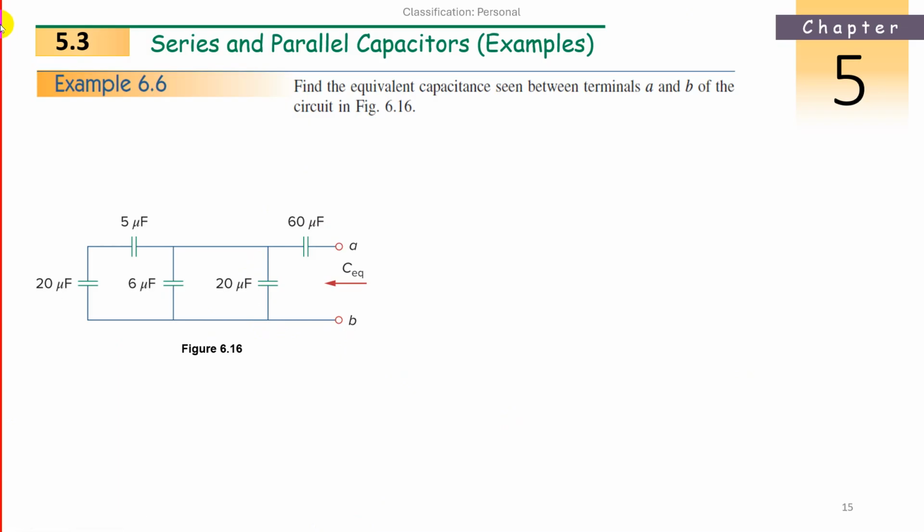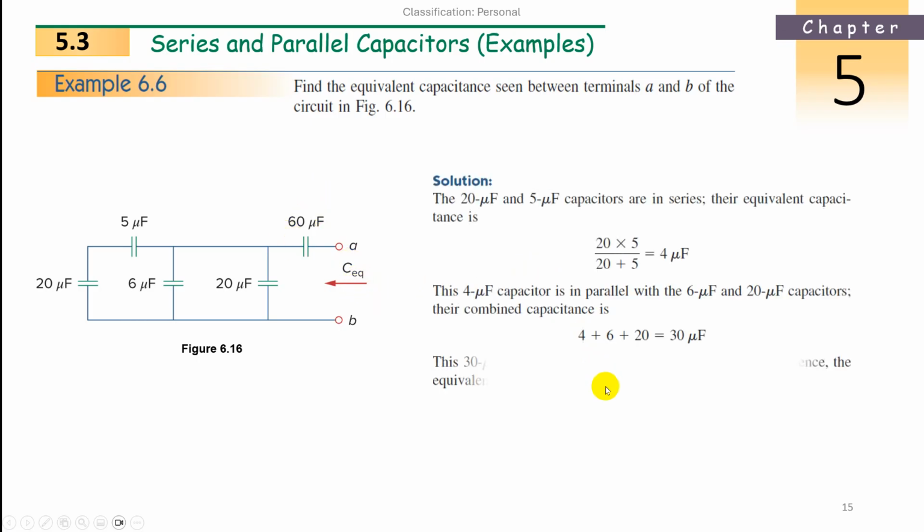Product over sum: 30 into 60 divided by 30 plus 60, that is 90. 30 into 60 divided by 90 gives 20 microfarads.